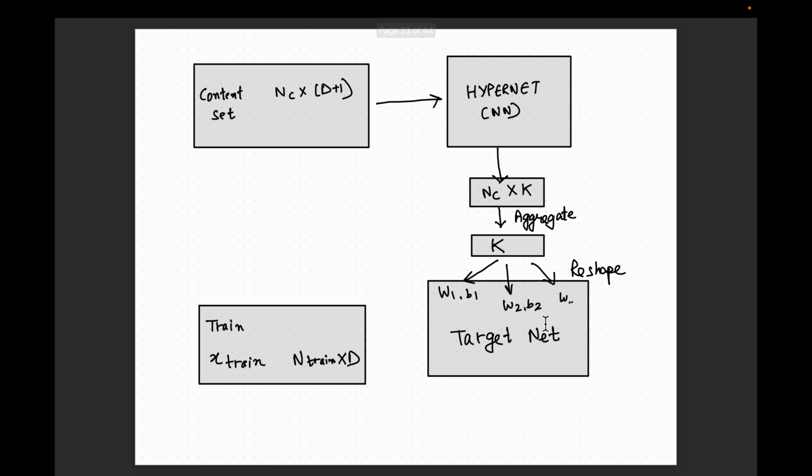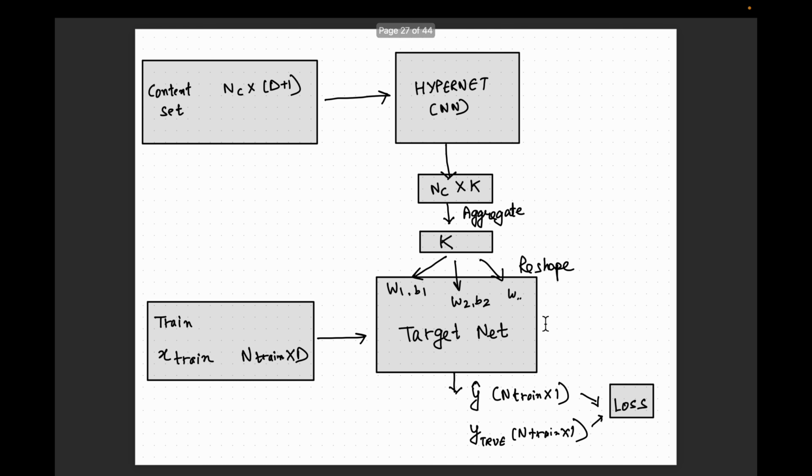So these are the weights of the target network. Now you pass the training data to this target network, which is now parameterized by the w's and b's, right? Once you do this, you will get a y hat, which is the prediction. You know the ground truth, which is y true. You can compute the loss, right? Now, where do you want to do the back propagation into? What do you want to update?